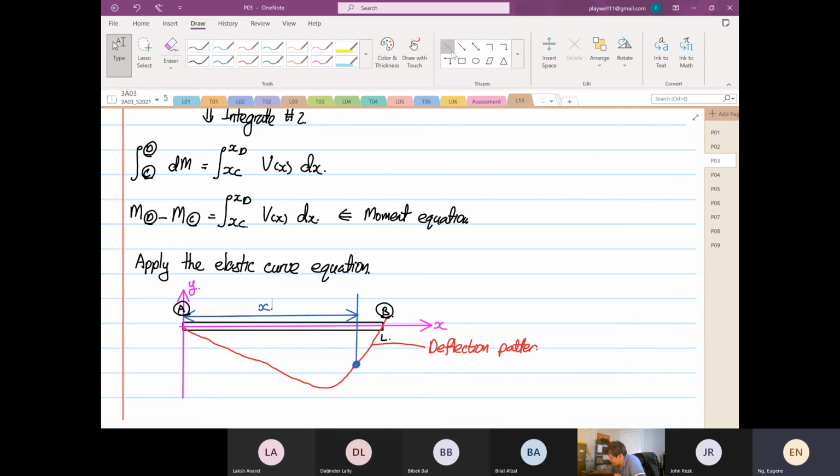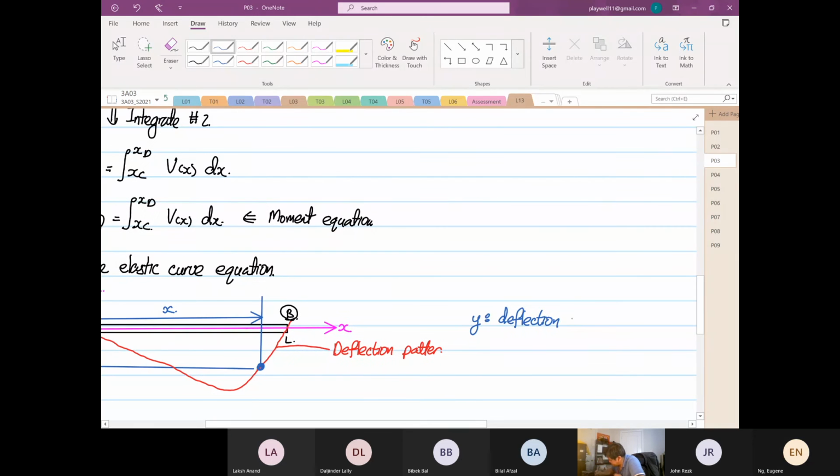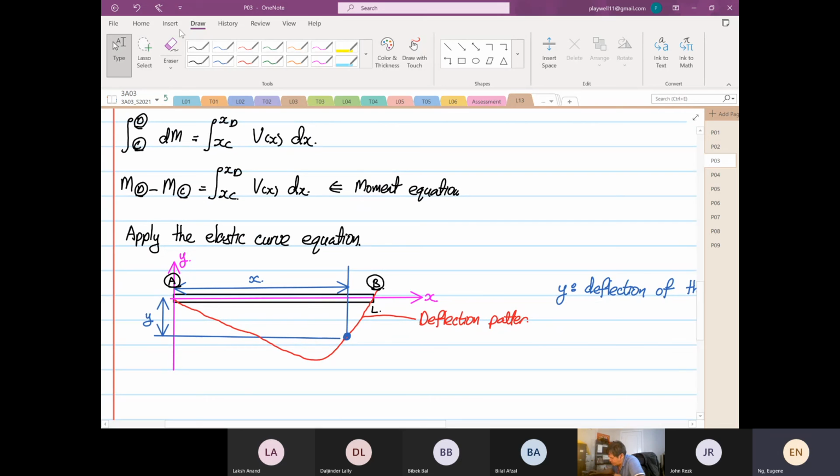And then we have the other distance over here, the vertical distance. Now this vertical distance represents your y. So y for this case is the deflection of the beam. Okay. And then once you take the point, you draw a tangent line.